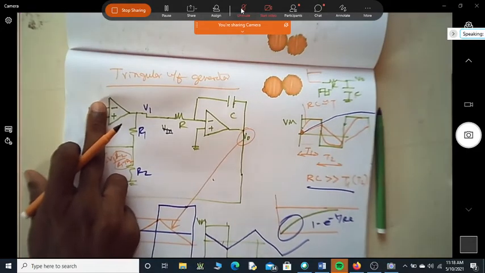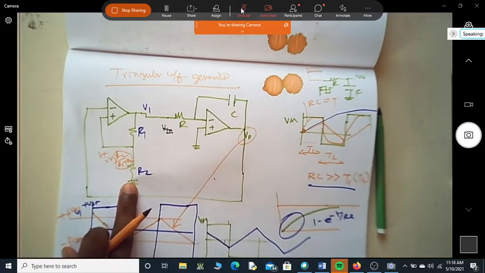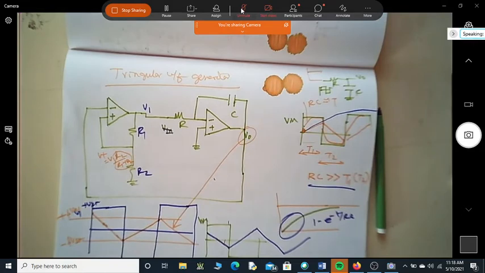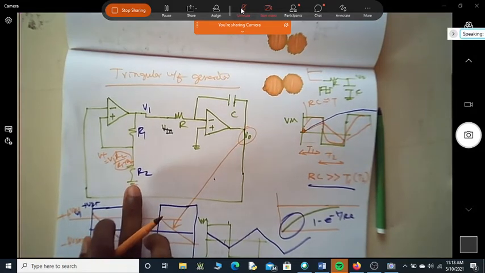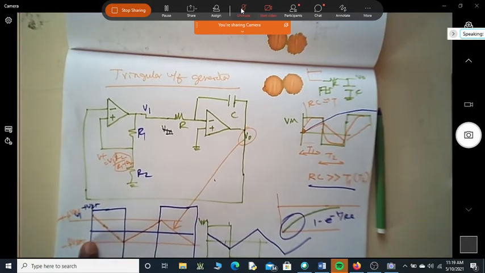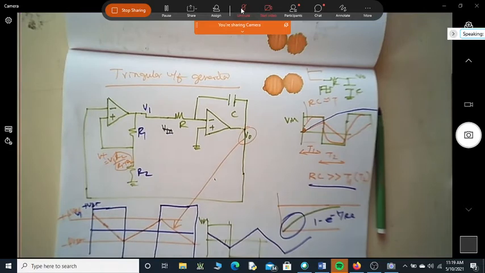It's not non-inverting. You have to give it to R2, not here, because for an inverting Schmitt trigger you are giving the input to this resistor. Am I correct? So of course it will still be a triangular waveform, but the initial phase will be different.